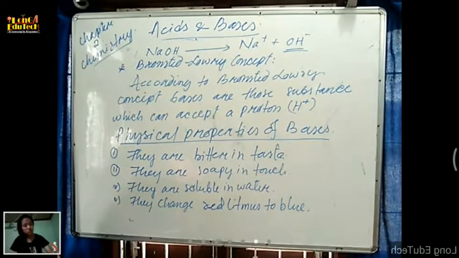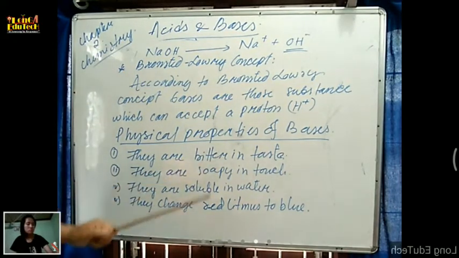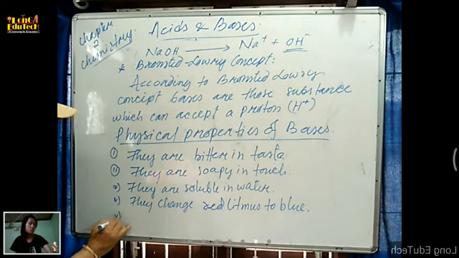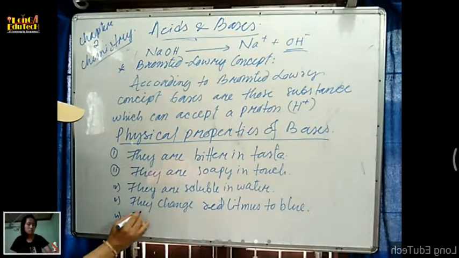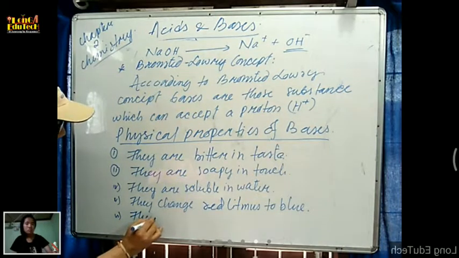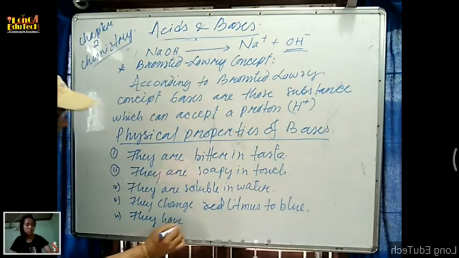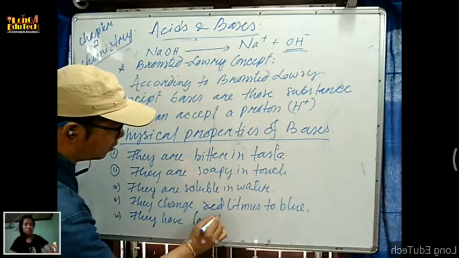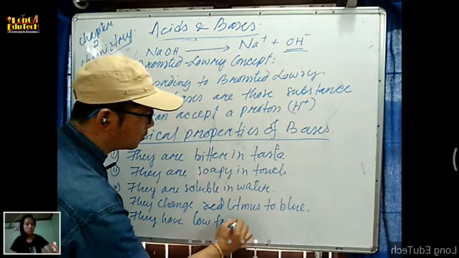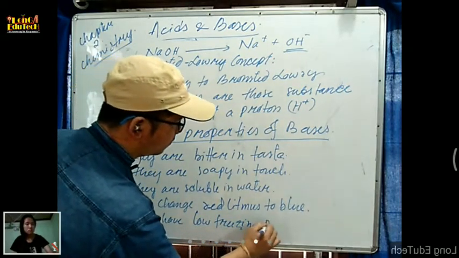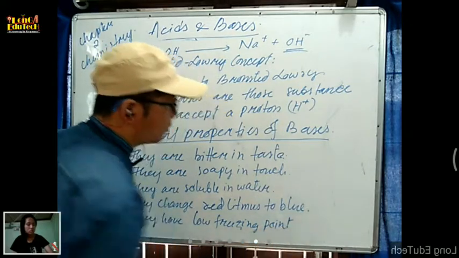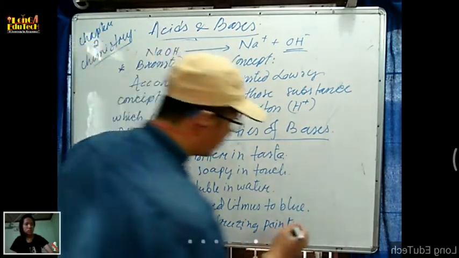Okay, some of the points here we can mention. Number 6. Okay, bitter, soapy, soluble in water, red litmus. Yes, right, number 5. Okay, number 6, they have low freezing point.